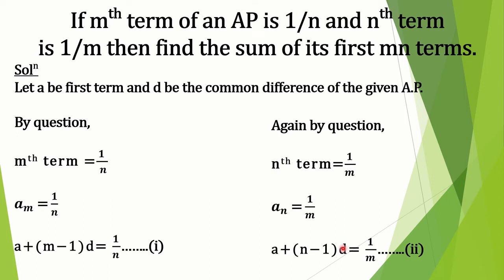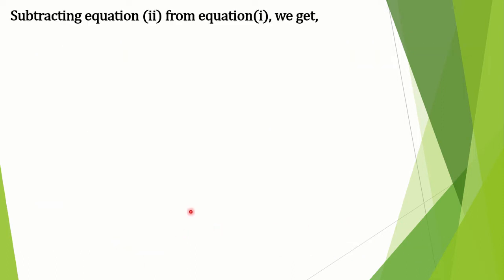For this purpose, let's subtract equation 2 from equation 1. Subtracting equation 2 from equation 1, we get this line. In this line, the left hand side is subtracted from the left hand side and the right hand side is subtracted from the right hand side.